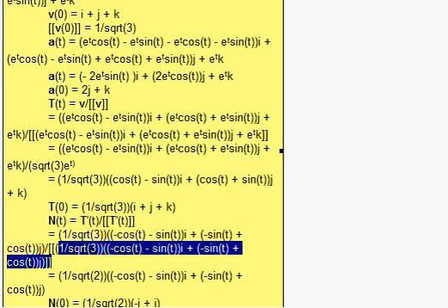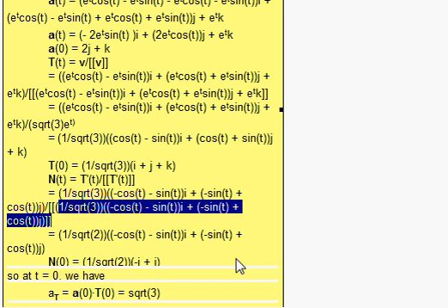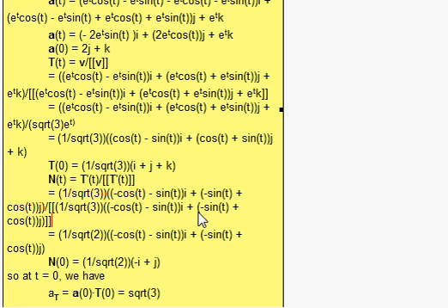And so if you take the time to work that out, you do get 1 over the square root of 2 times negative cosine t minus sine t i plus negative sine t plus cosine t j. When we evaluate that at 0, cosine of 0 is 1, sine of 0 is 0, so we get negative i. For this one, sine of 0 is 0, cosine 0 is 1, so we get plus 1j.